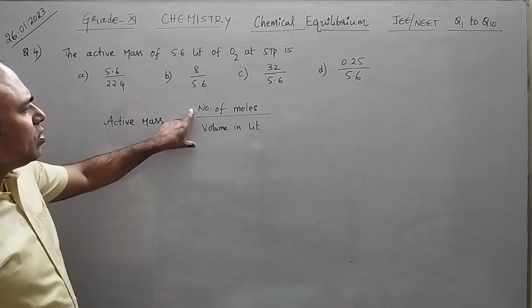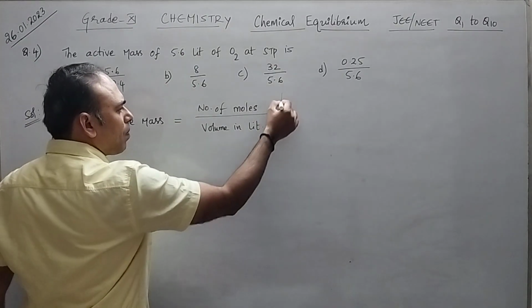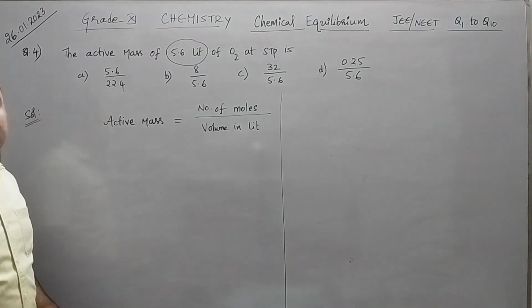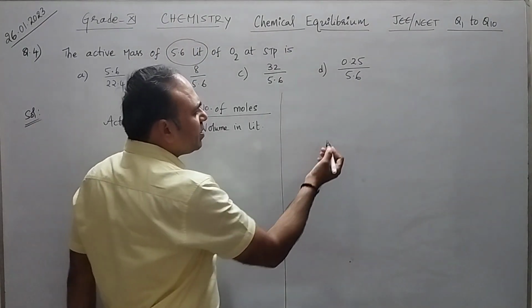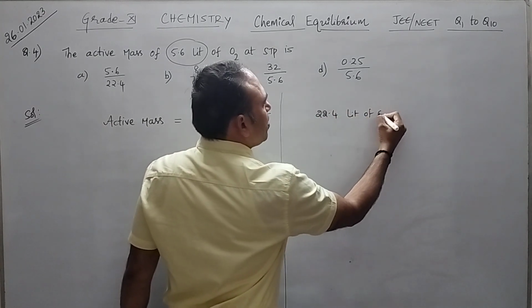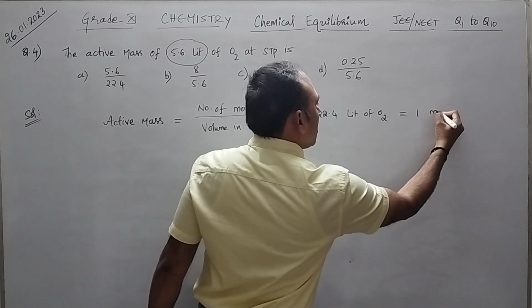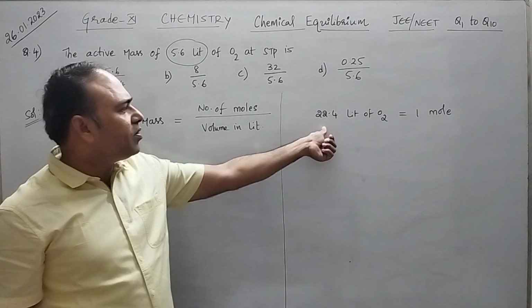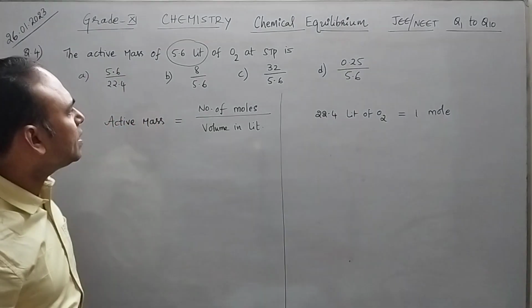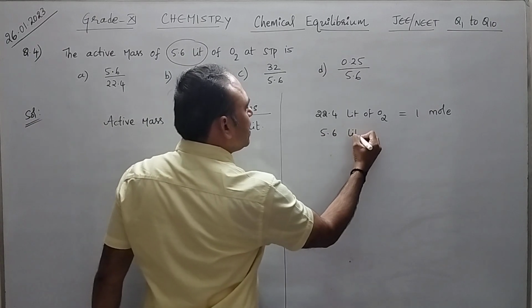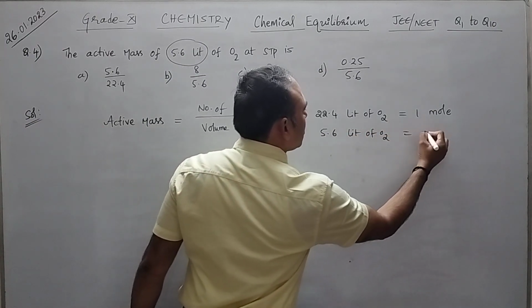First and foremost thing, how to calculate the number of moles. 5.6 liters of oxygen is given at STP. Now, we all know that 22.4 liters of oxygen is nothing but 1 mole. So 1 mole of any gas occupies 22.4 liters of volume, that we are familiar with. What is the volume given? 5.6 liters of oxygen.